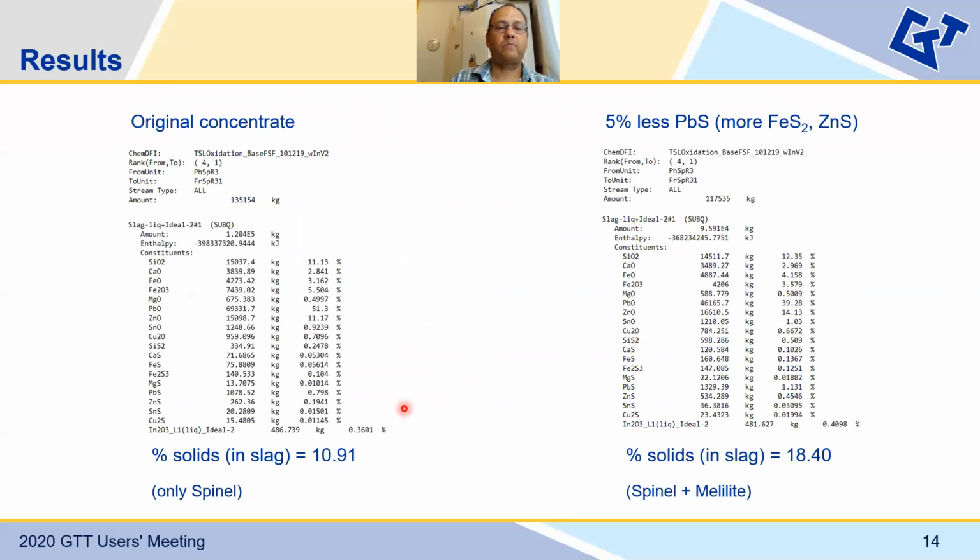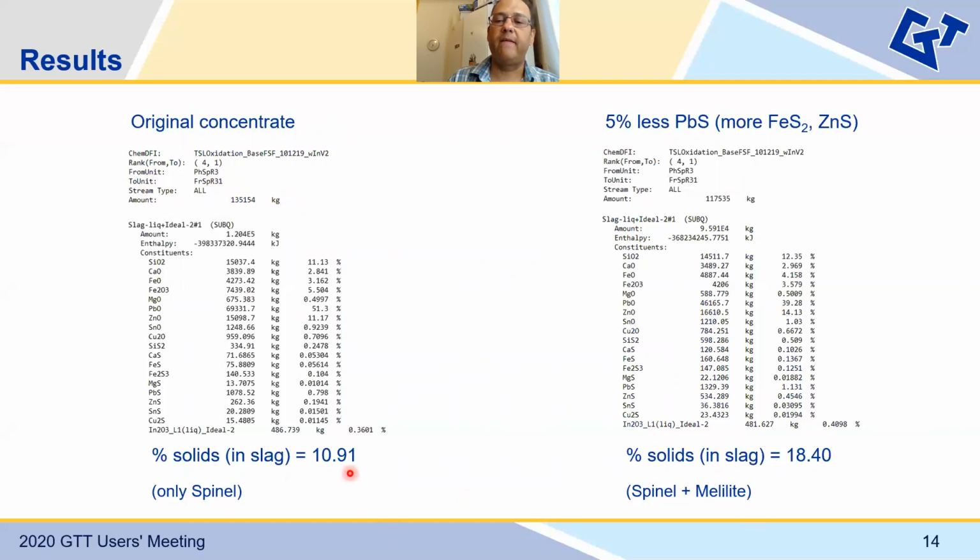And you may see that when you consider a concentrate which is poorer in lead sulfide, the amount of slag decreases a little bit.